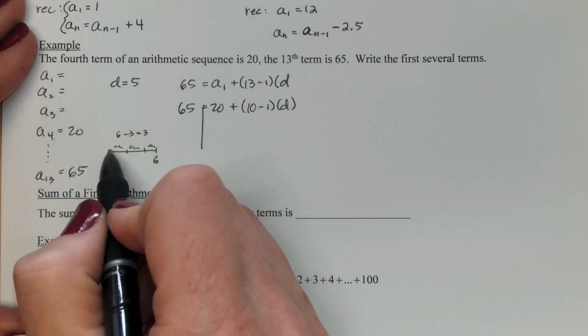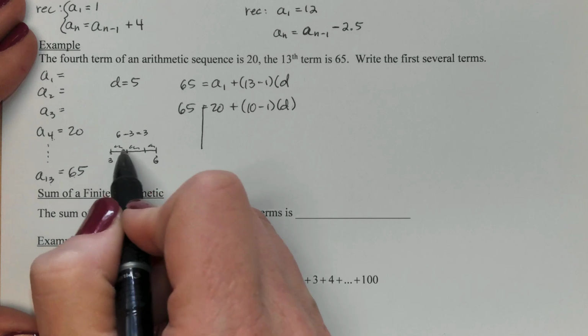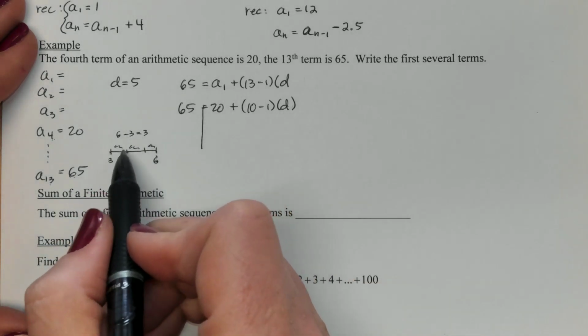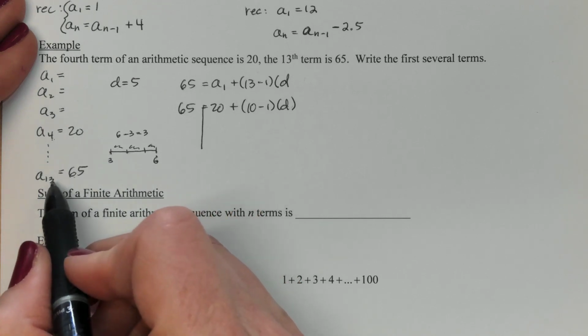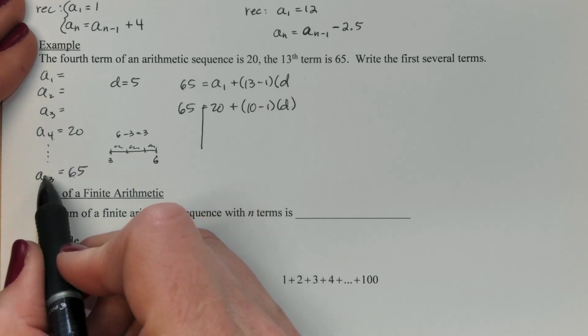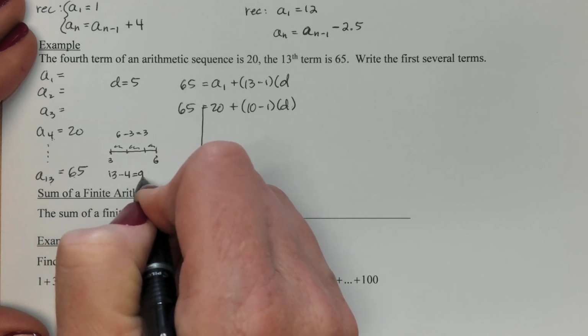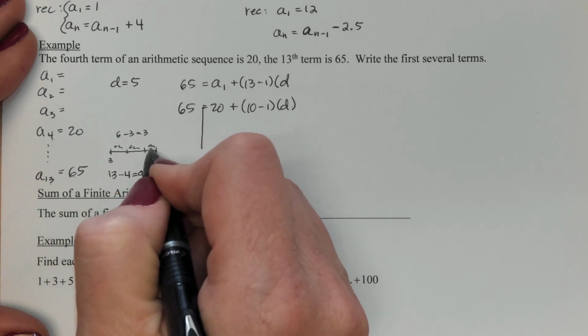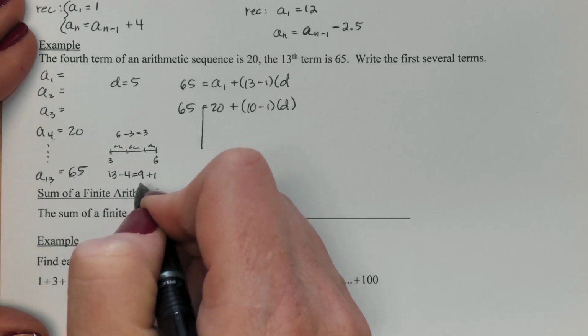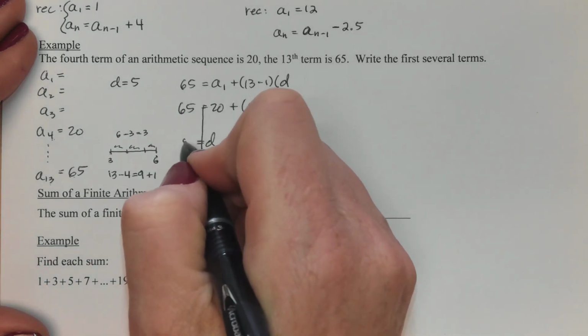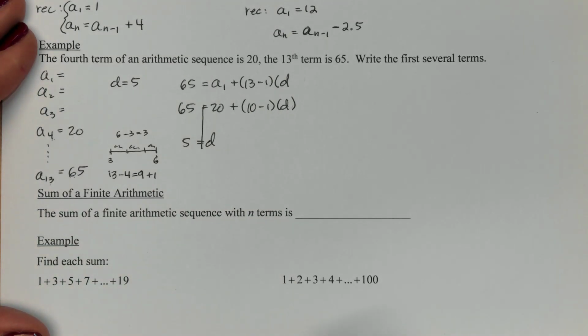But when I want to know how many terms there are, there are actually 4 terms here: 3, 4, 5, and 6. So subtraction just counts the space, and we need one more to account for this extra term that we're going to plug in. So you can do 13 minus 4 and get your 9, but then you need to add 1 so that you get that last term that you're going to plug in. So that's where I get the 10 from. If I were to solve this, I also get 5, so I know my common difference is 5.